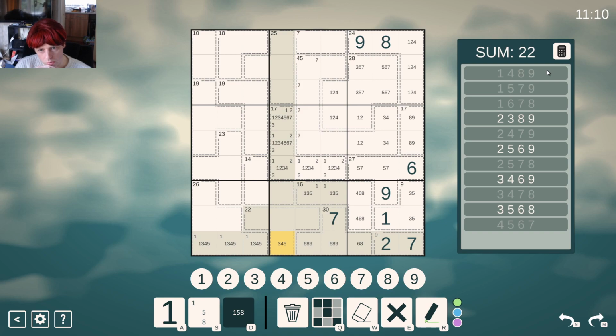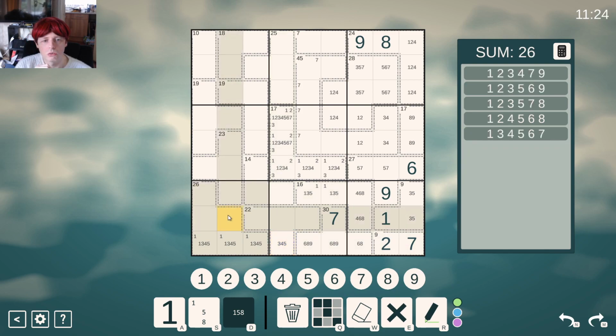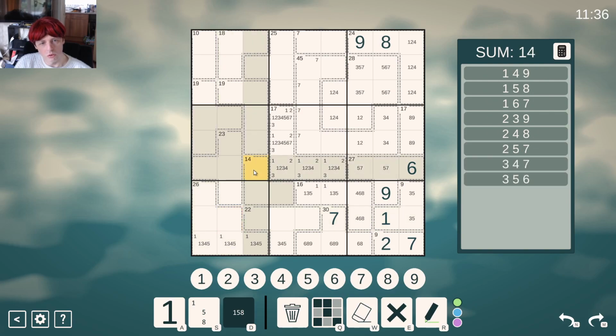So that's ruled out. Plenty of options there. Can't really narrow that down at the moment.